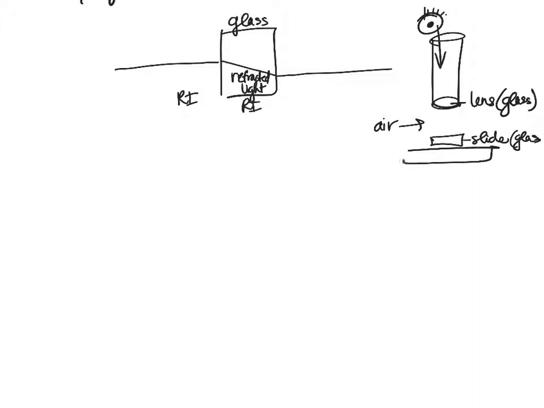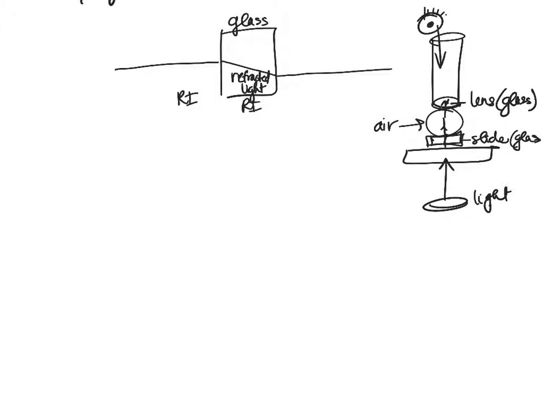Then we have our stage, and light coming up from our light source. It goes through the slide, which is made of glass, then through the air, the space between the two, then through this additional lens. Each time it moves through these different media, it is refracted slightly.